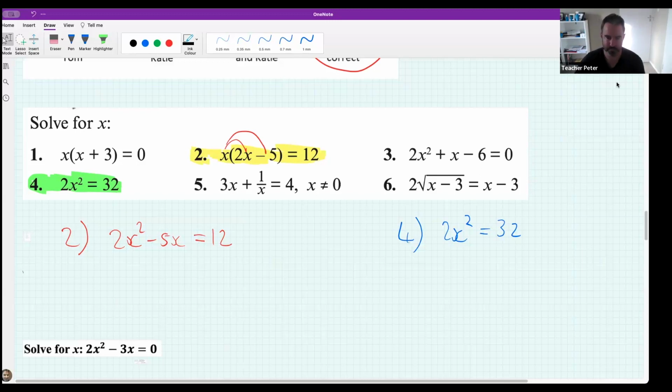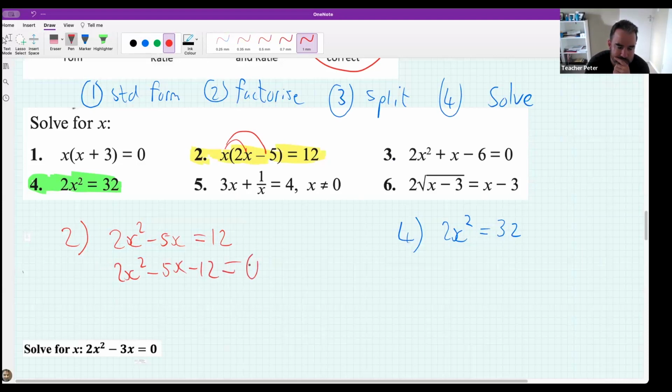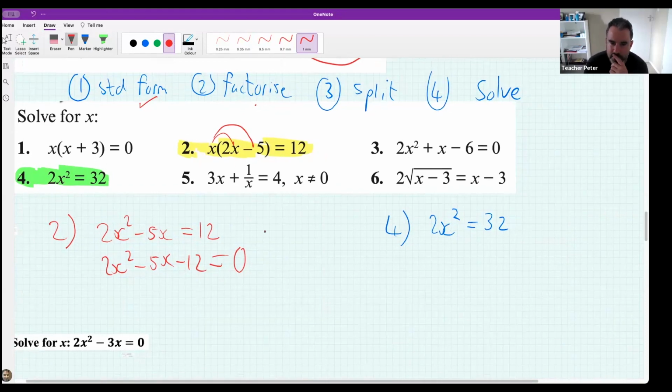So ask yourself, what is the 4-step process? Maybe I should write this down. Okay, awesome.